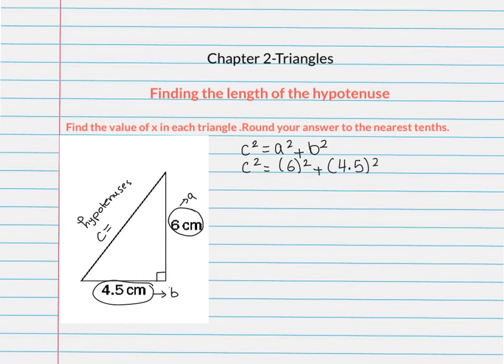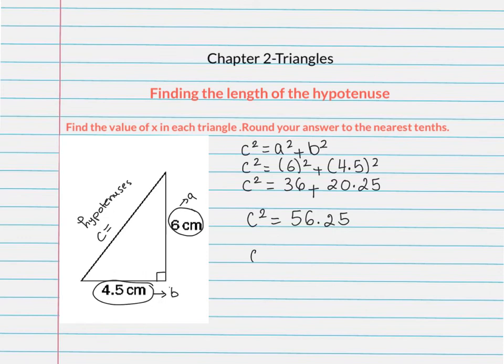Now we continue. C squared is equal to 36 plus 4.5 to the power of 2, which is 20.25. We continue. C squared is equal to 36 plus 20.25, which is 56.25. Till here we were able to get C squared, but now we need C. To get C alone, we said we use the square root or radical.